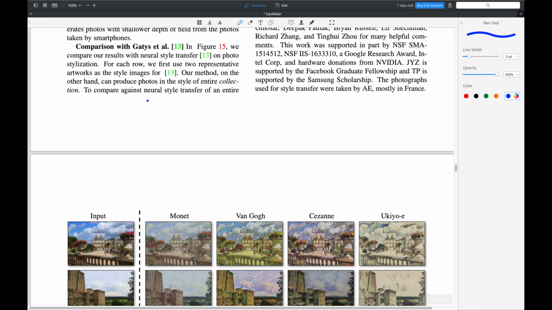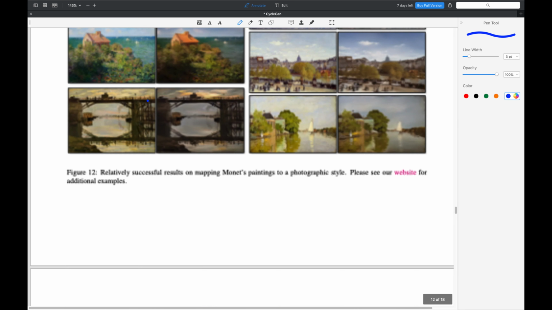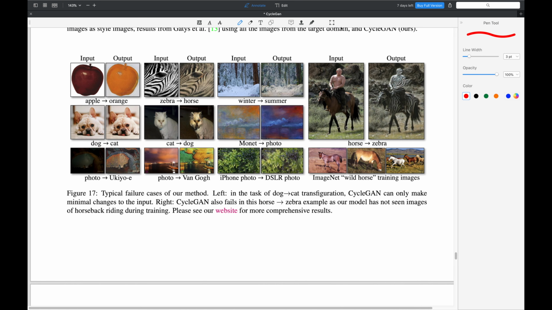And of course, CycleGAN has some limitations. So these are the typical failure cases of the CycleGAN approach, like the task of dog to cat transformation here. And this is where the problem I mentioned previously exactly comes in, because the 70 by 70 receptive field isn't really enough to classify whether a certain region looks like a cat or a dog.